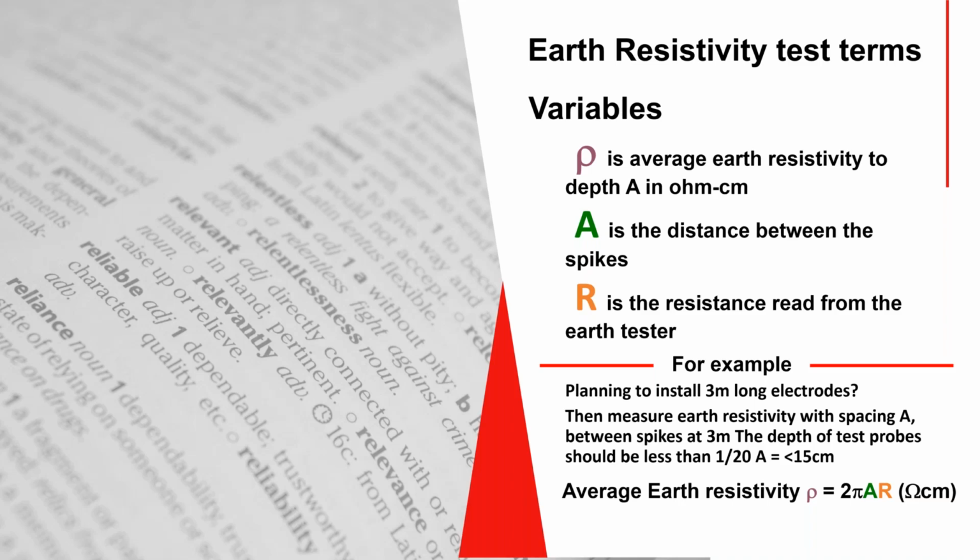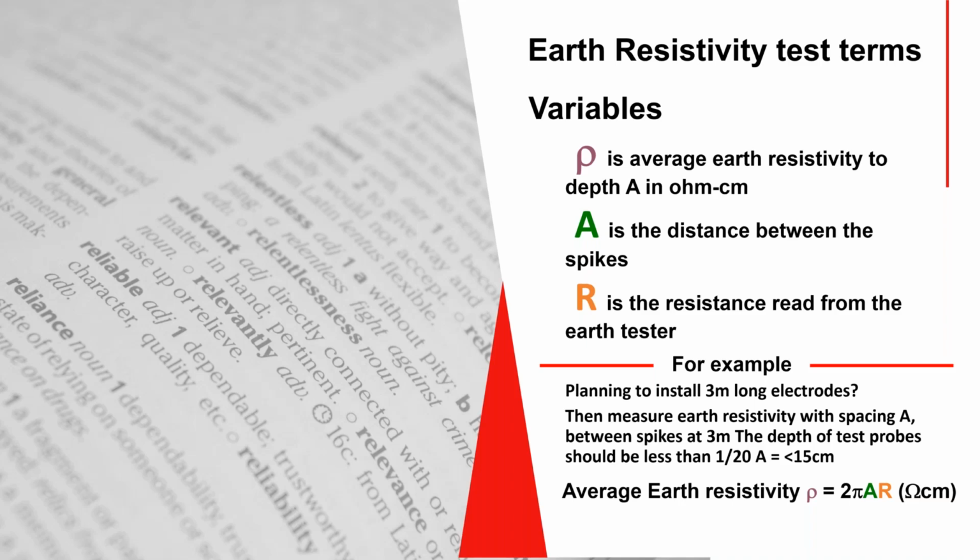But I've spoken to many people who do resistivity testing, and they've all told me that they don't really bother with 1/20th being that precise. They just push the probes in and get a measurement. So I'm guessing here that the error introduced by departure from the 1/20th depth isn't really that significant.